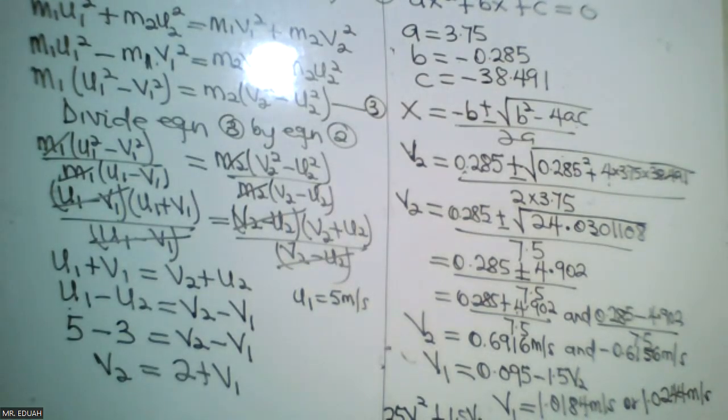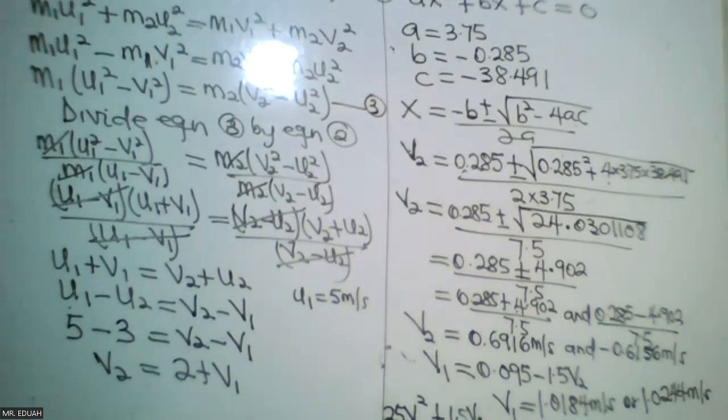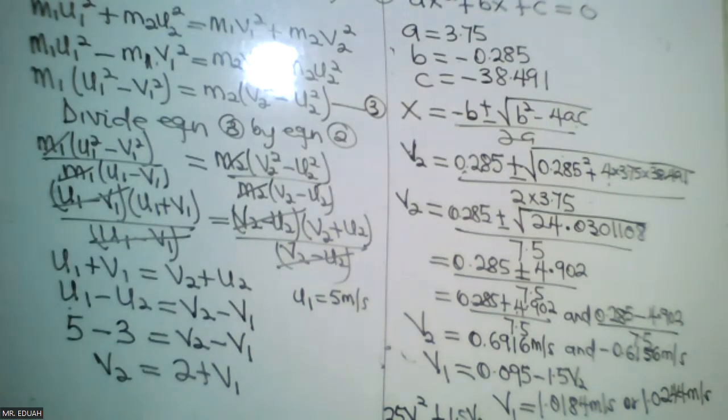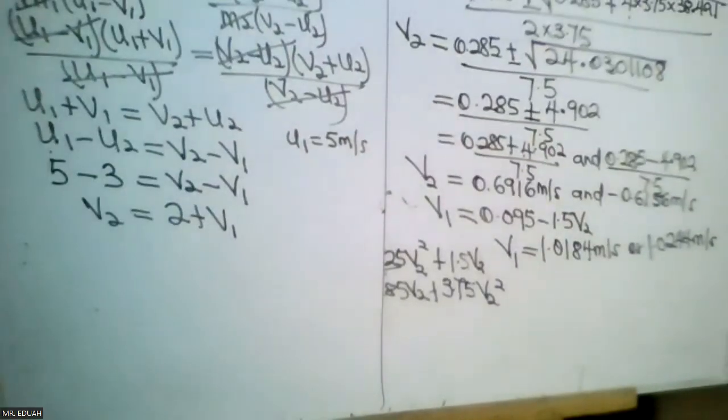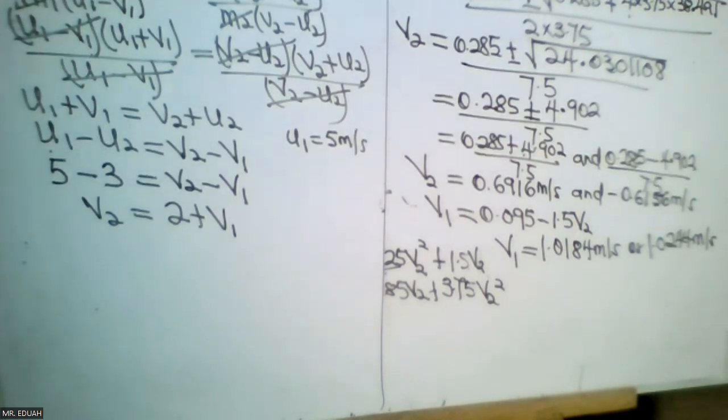Okay. Now, let's clean the other side. Then I can even use this. Pick either equation 1 for conservation of momentum or equation 2 for conservation of kinetic energy. Here, you are free to choose any of them.